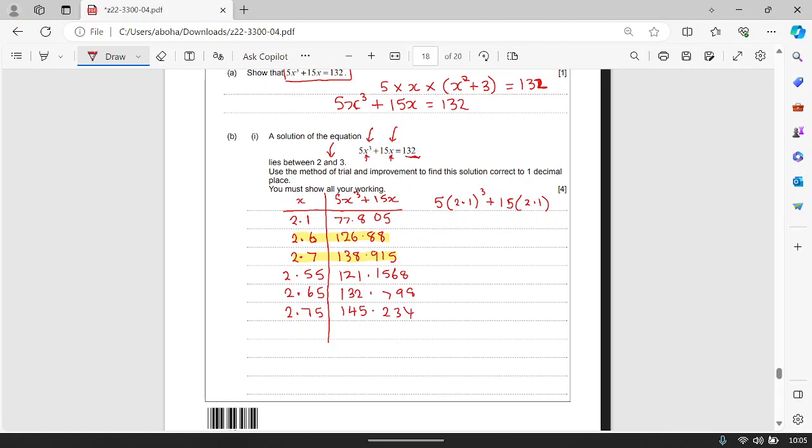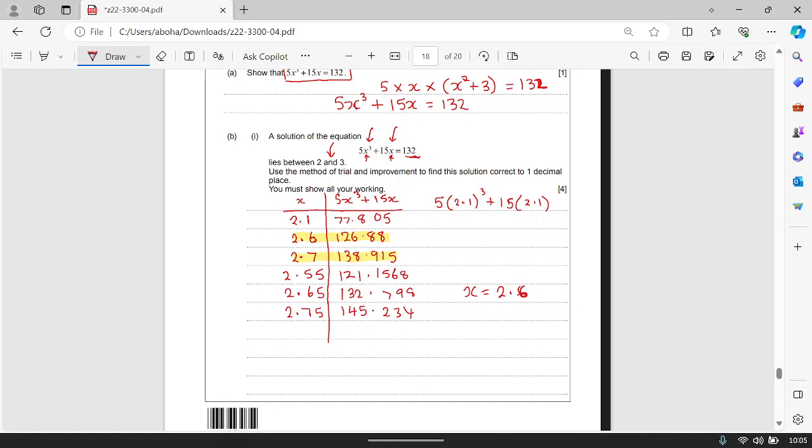So we know that the answer has got to be between 2.55 and 2.65, because we know that 2.65 is too big. So effectively, the answer has got to be in the range between 2.6, 2.61, 2.62, 2.63 and 2.64. Therefore, the final answer, x rounded, would be 2.6.